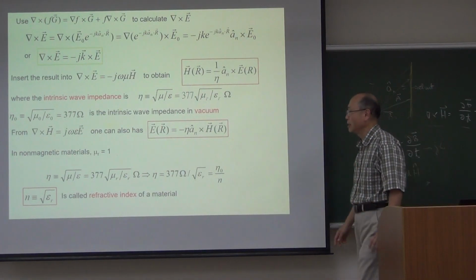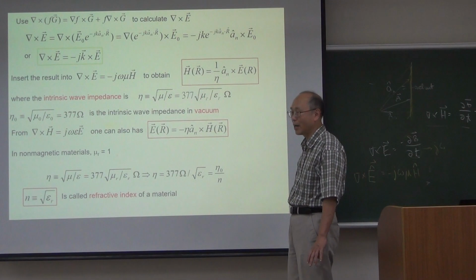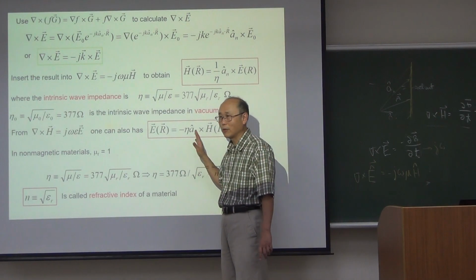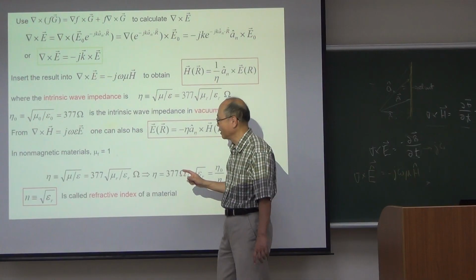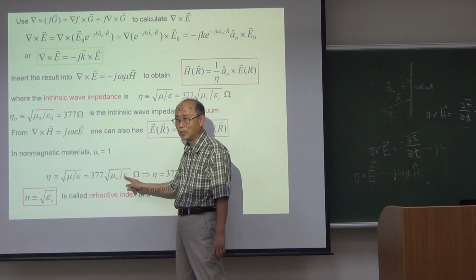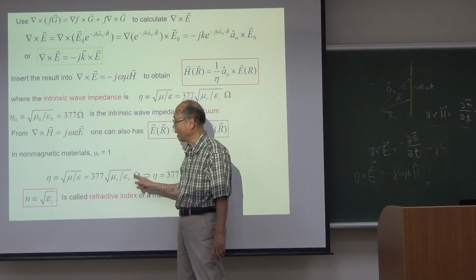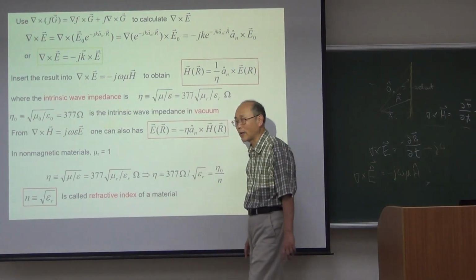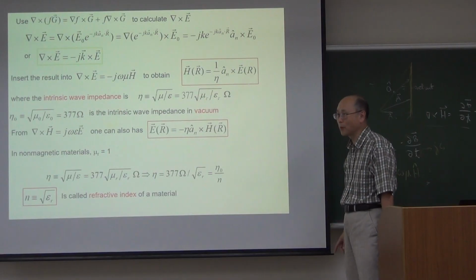But in optics, we deal a lot with dielectric material. If you have the wave in the dielectric material, then you have permittivity, and we define the refractive index to be the square root of the relative permittivity.